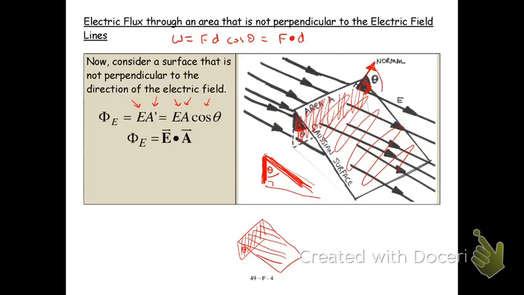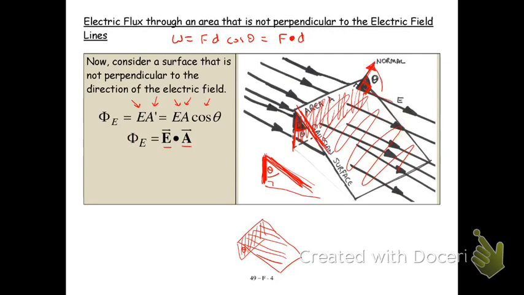So the angle between my front surface and my original surface is the same angle as between my field vector and my area vector. And so I can say this is the same as E dotted with A.